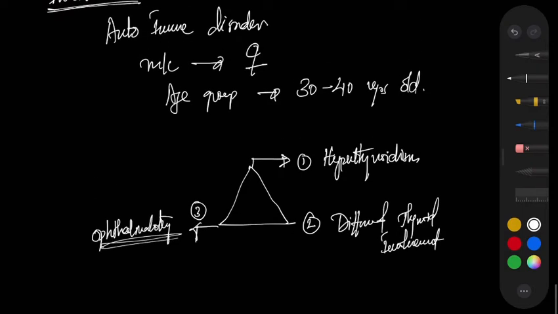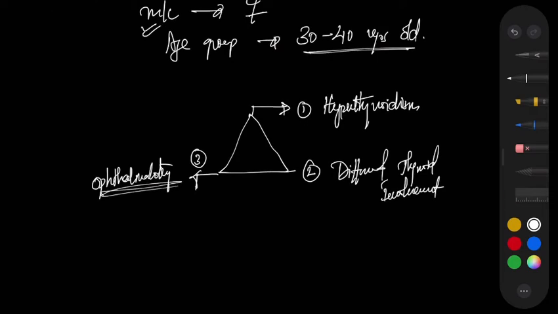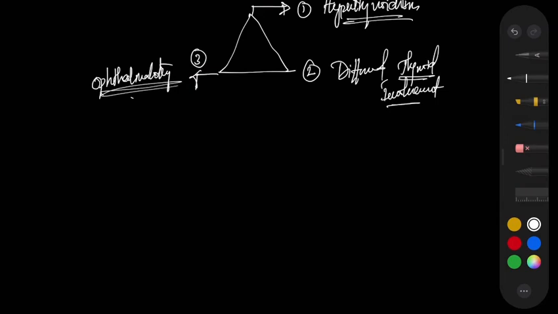It's an autoimmune disorder, more common in women, usually occurring in the age group of 30 to 40 years old. The characteristic triad of features were hyperthyroidism, diffuse thyroid involvement, and ophthalmopathy. Now we'll be going to the etiopathogenesis.